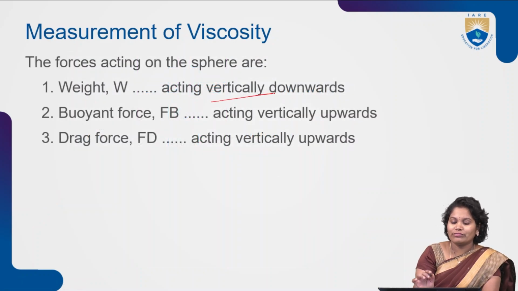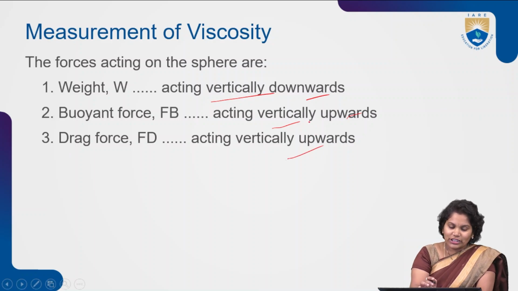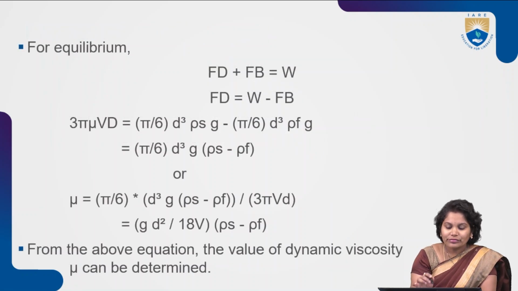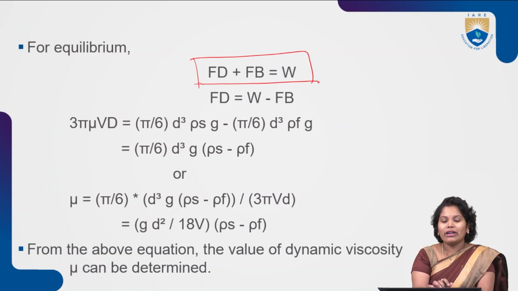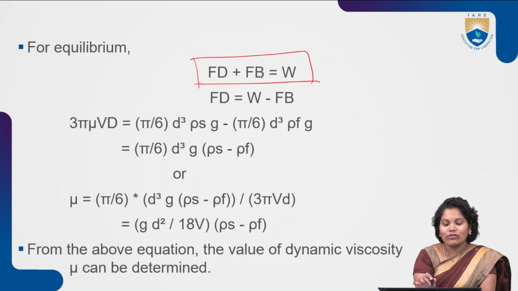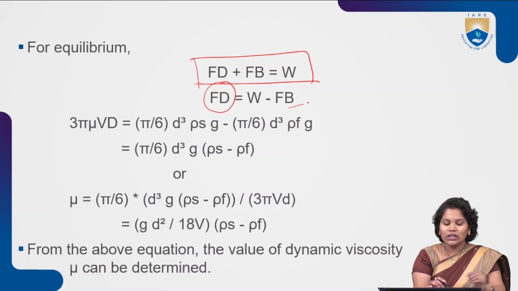W is the weight acting vertically downwards, B is the buoyancy force vertically upwards, and the drag force is also vertically upwards. These are the forces acting on the sphere, right? In the equilibrium condition, weight is equal to drag force plus buoyancy force. So the drag force is equal to weight minus buoyancy force.